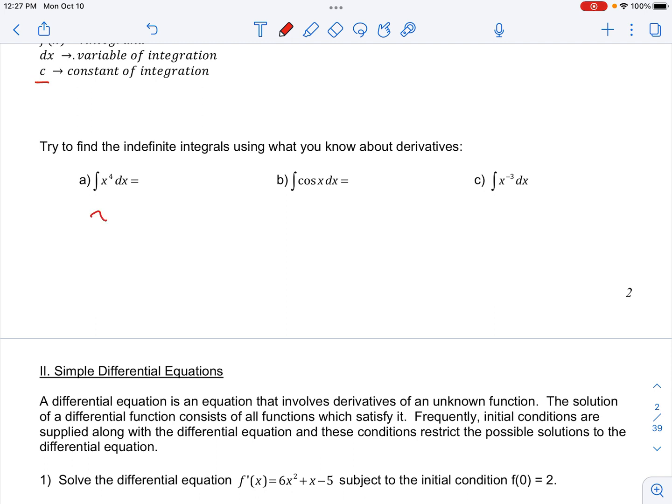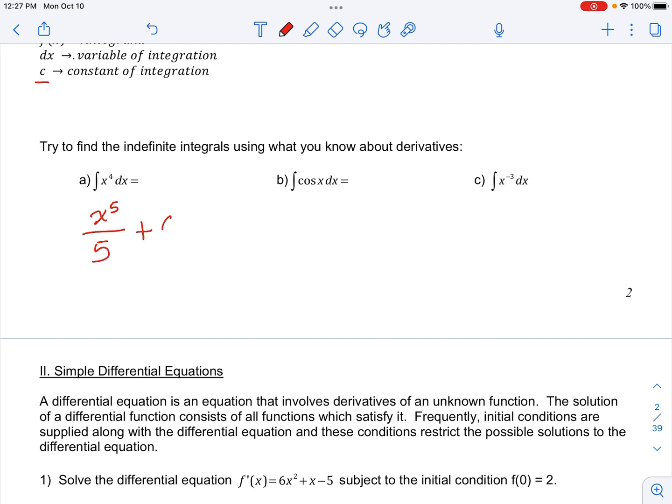So if I take the antiderivative, it makes sense that we should increase the power by 1. But if I just have this, the derivative of this is 5x to the fourth, but this is just x to the fourth. So remember when we took the derivative, we bring the number down and multiply it. So the reverse process would be dividing by that number.